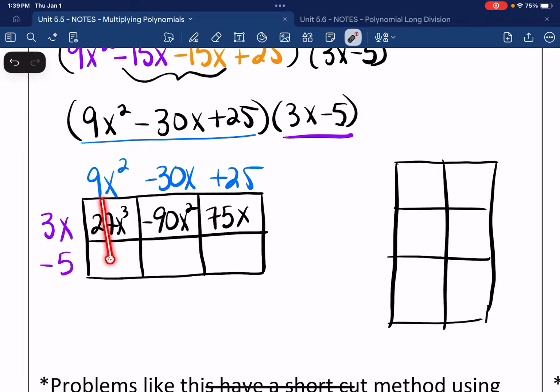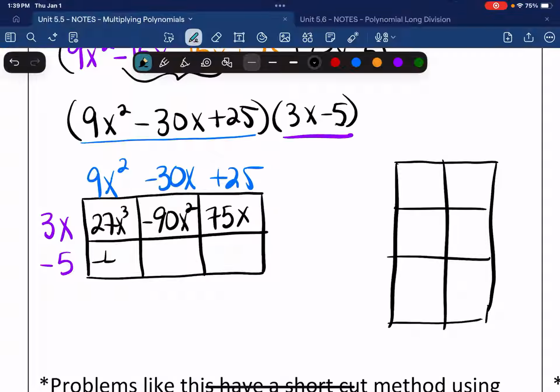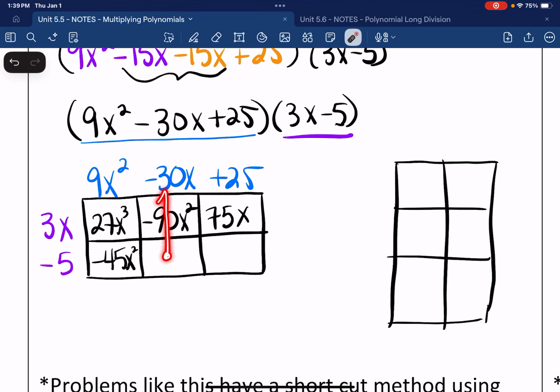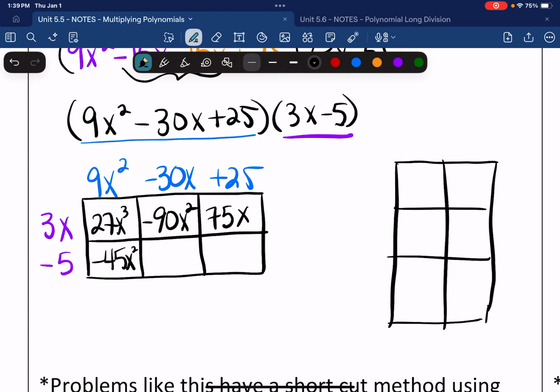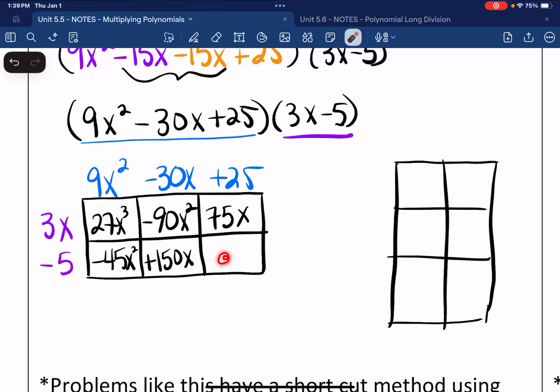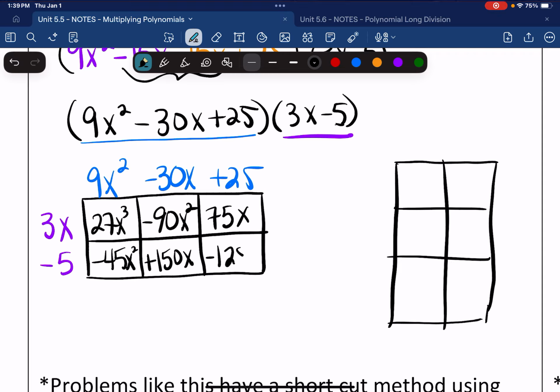Then we move down here to this row, 9x squared times negative 5 gives us a negative 45x squared. And then, of course, we have here a negative 30x times negative 5. That gives us a positive 150x. And then in this last box right here, we have positive 25 times negative 5. That gives us a negative 125.